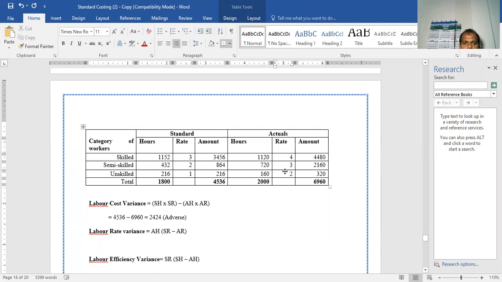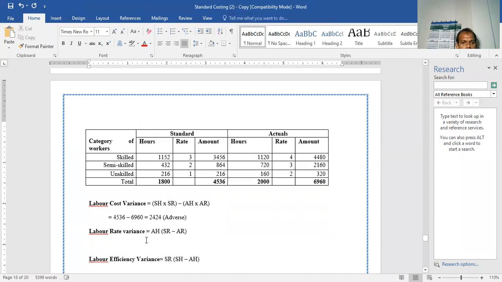So all three rate variances are adverse. The variance is the difference between standard rate and actual rate, and we have to calculate it for each and every category of labor.